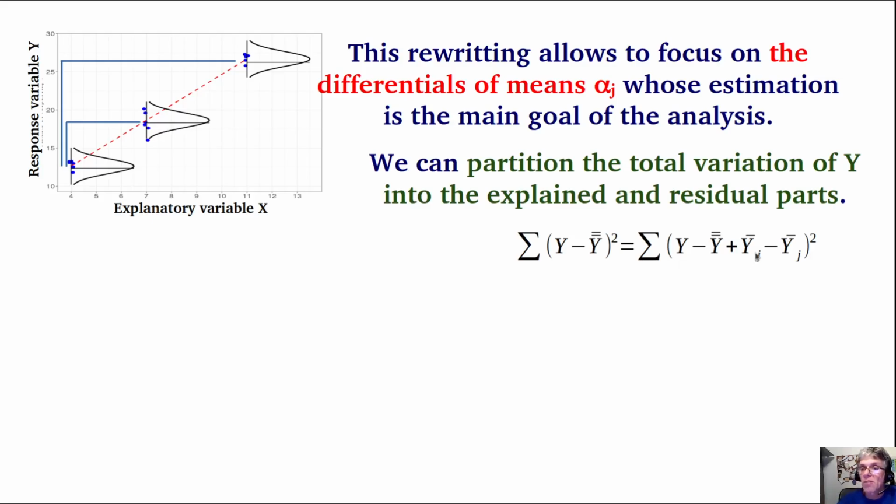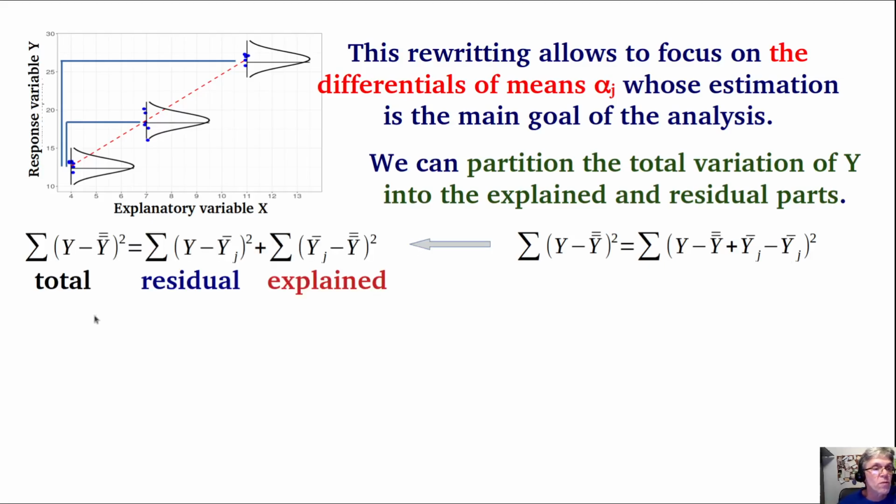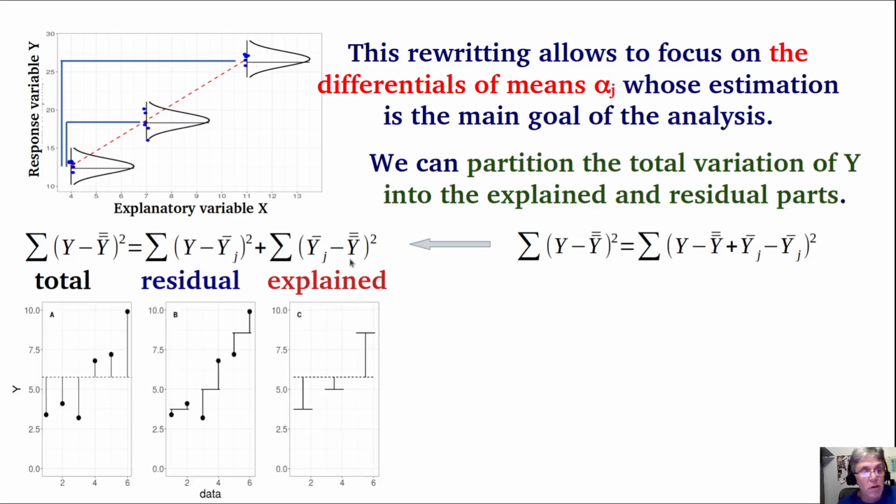If we add and subtract the mean of the j group on the right hand side, nothing changes, and this can be shown to correspond to the total variation on the left hand side, which is equal to the sum of the residual variation, which is the difference between each value and its group mean, and the explained variation, which is the difference between each group mean and the global mean, y bar bar. This can be depicted in a plot as follows.